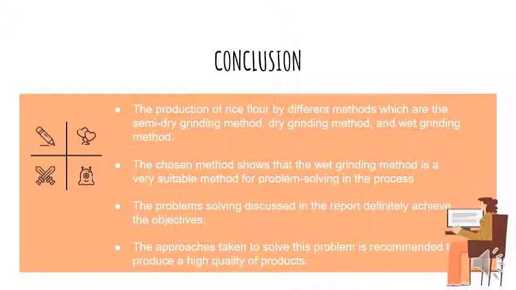In each process of the wet grinding method, we also discuss the high technology used for each process. It starts from the soaking process in water at a specific temperature, and then grinding it in excess water using a wet grinder. Then it is dried in hot air using an oven. The next process is regrinding and sieving with a mesh size of screen to obtain rice flour.